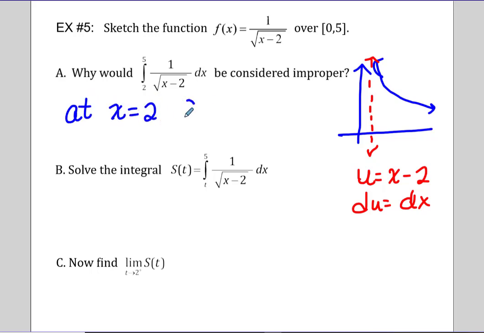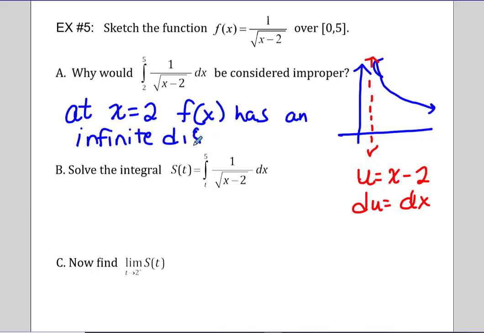So that would be at x equals 2, f of x has an infinite discontinuity. And that was back in our notes, that was the type 2. So if we solved the integral and renamed it s of t as the area goes from t to 5 of that function, we can use this substitution and integrate 1 over u to the 1/2 power du.